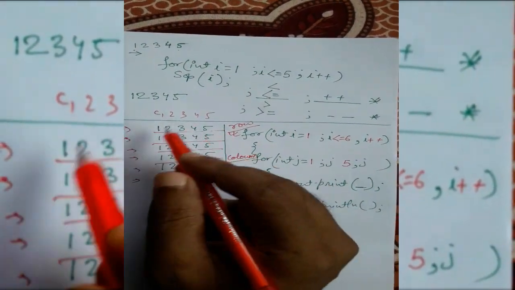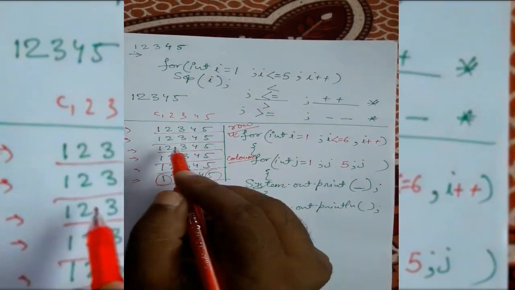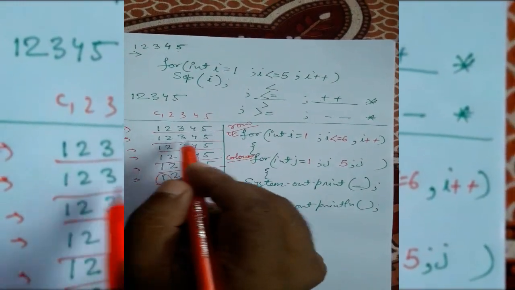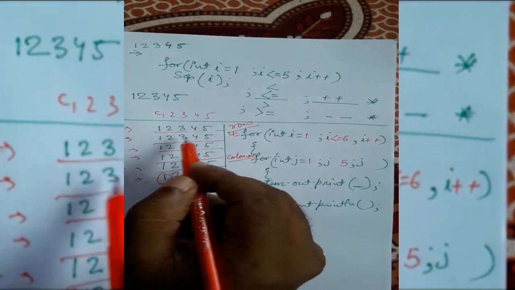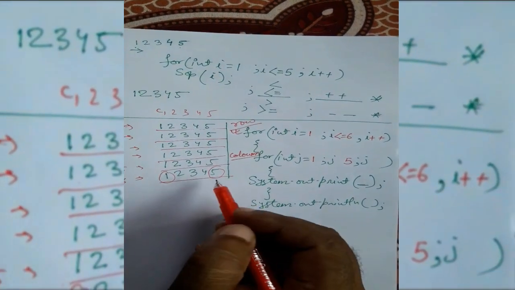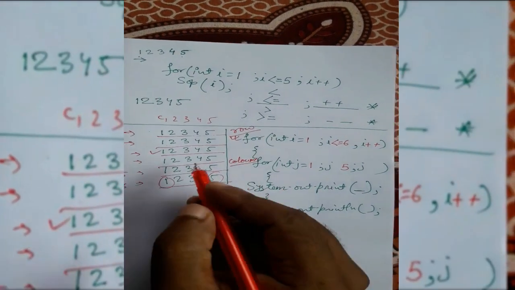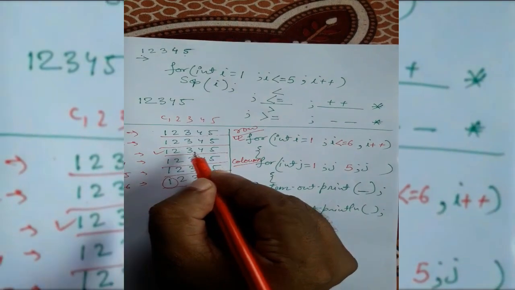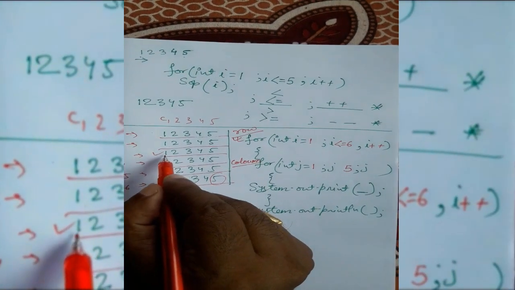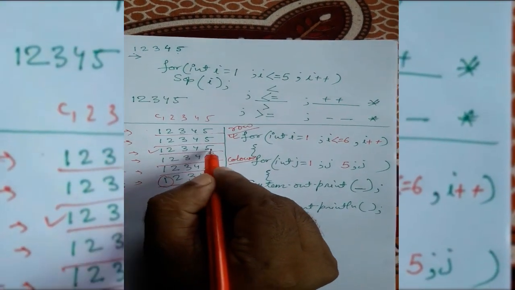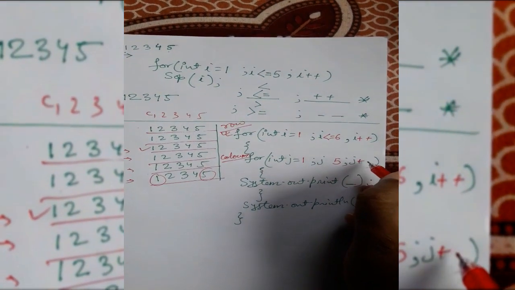Take any row, the longest row, everywhere 5 digits are there. Starting is 1 and ending is 5, so it is in increasing order. Because it is in increasing order, here we will give plus plus.